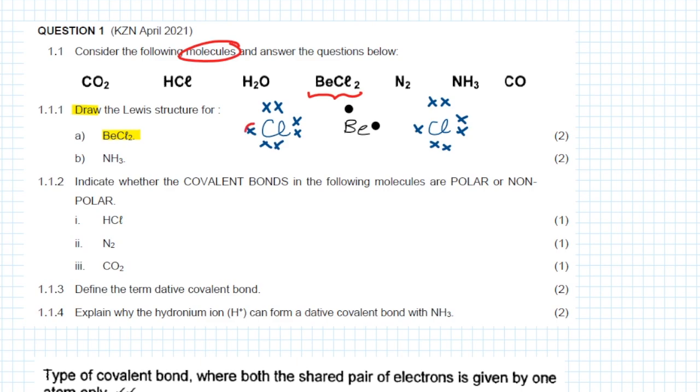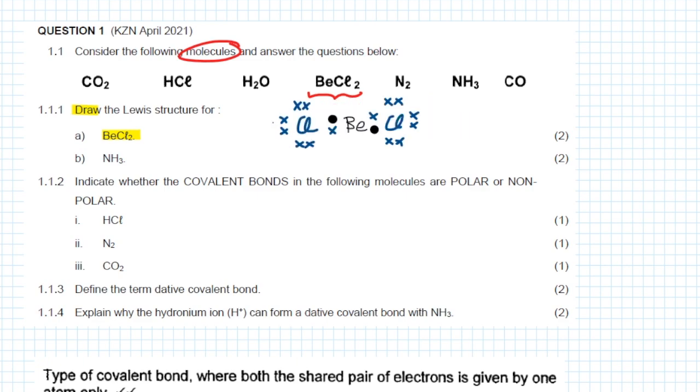Notice that this electron is unpaired and it can pair up with one of the unpaired electrons in beryllium. This one over here is also unpaired and it can pair up with this valence electron from beryllium. So pairing up the unpaired valence electrons, we find that the Lewis structure for beryllium chloride is given as displayed on your screen. For this entire structure being correct, you're going to get 2 marks. So in this case, it is 2 marks or nothing.